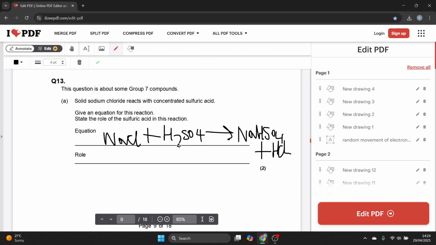The role of sulfuric acid in this reaction is a base? As you know, it's a proton donor. It's a proton donor.